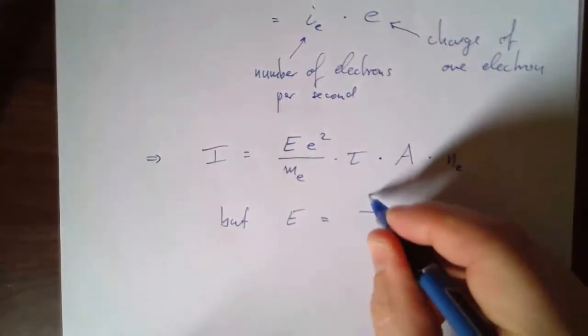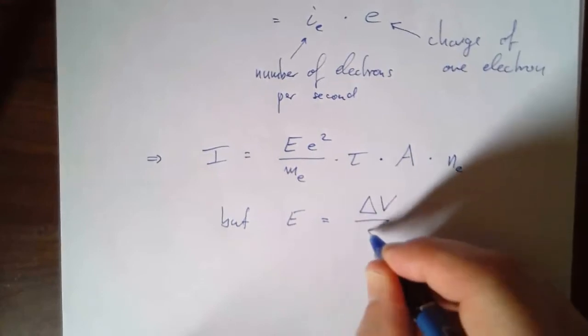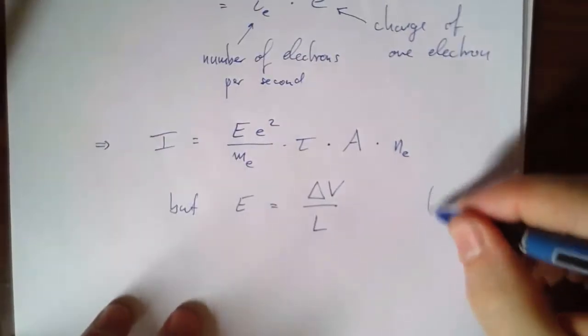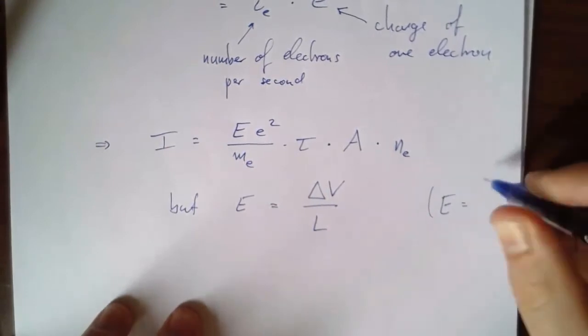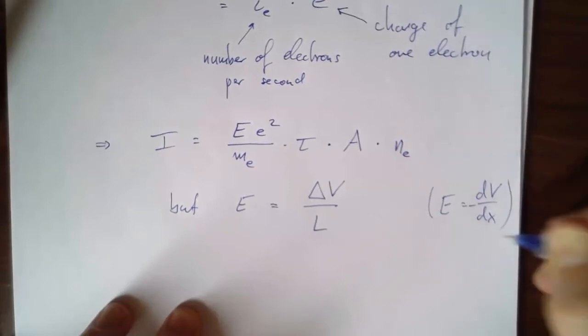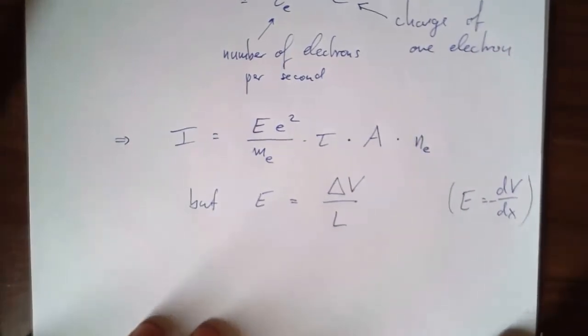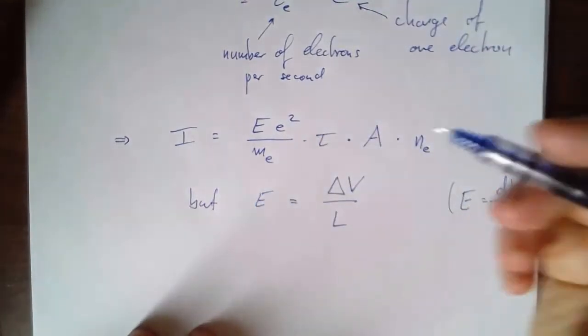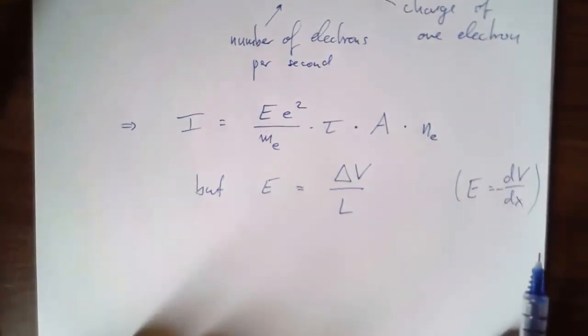Strictly speaking, E is dV/dx up to a minus sign, but never mind. You know the sign, it's down the hill.